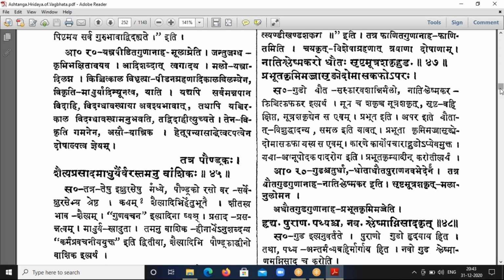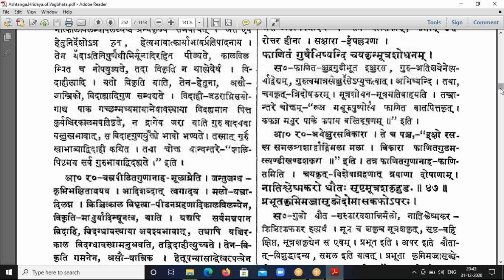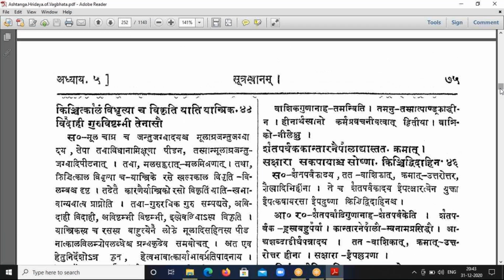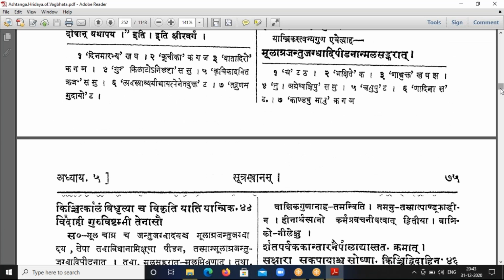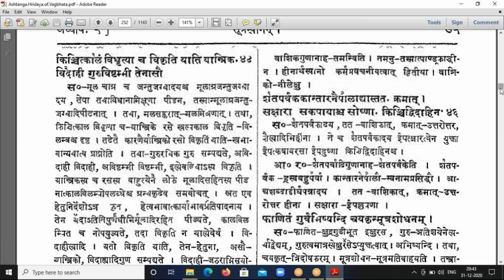Bhuktva pibed ikshurasam kabhatma. This is from Kashyapa Samhita. Kabhatma, if you have some kabha predominance, kabhaja vyadhi or kabha prakriti, an inclination or predominance of kabha, bhuktva pibed ikshurasam: you drink ikshurasam after taking your food.